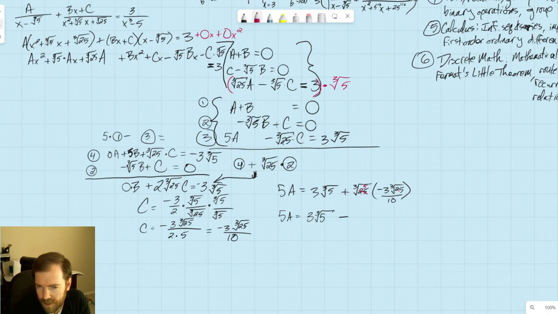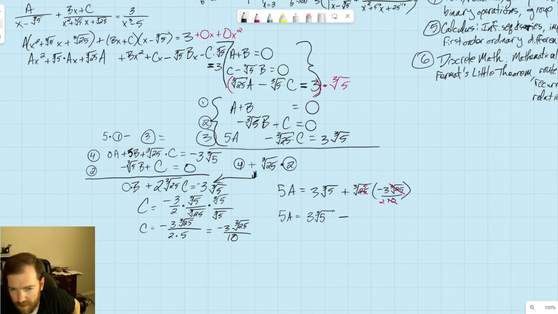All right, this is going to get rid of that if both of these go away and this gets rid of that. Gross, I know. That's going to be a minus 3 over 2 times the cube root of 5. And now these are somewhat nicely combinable.